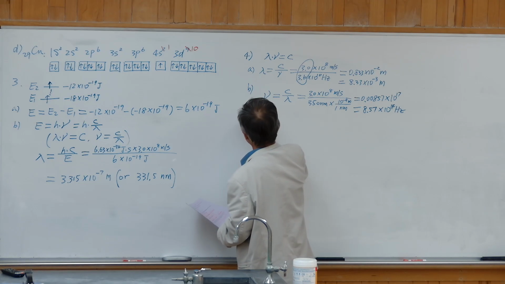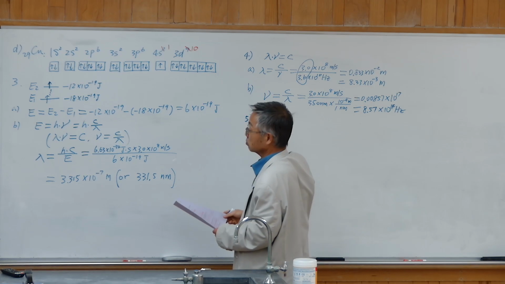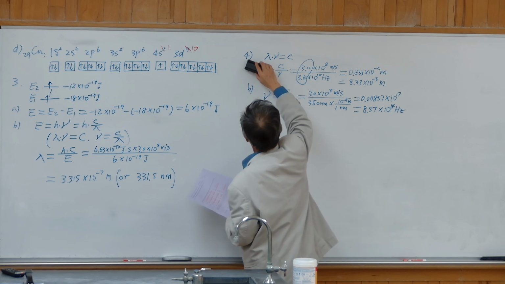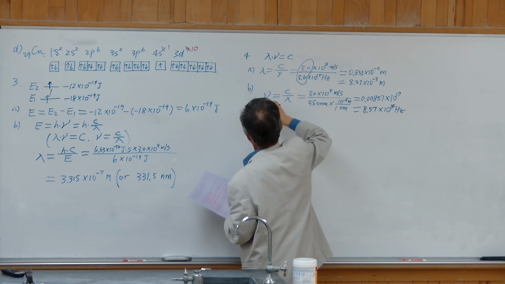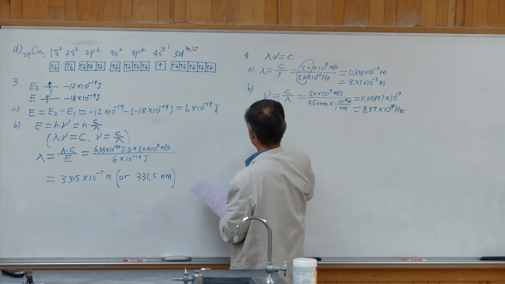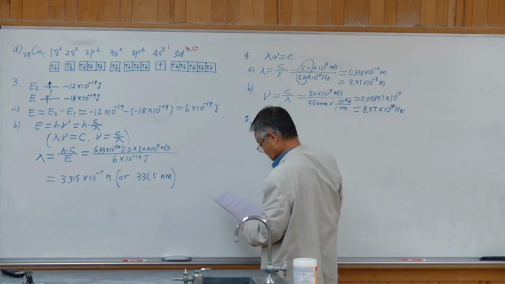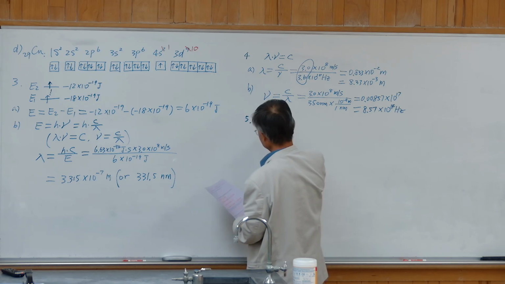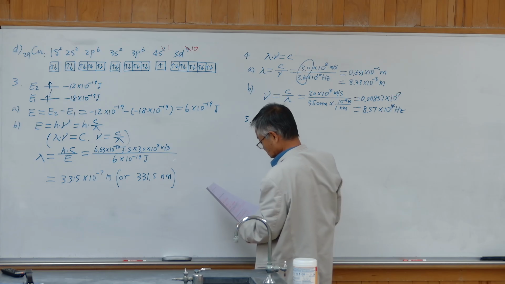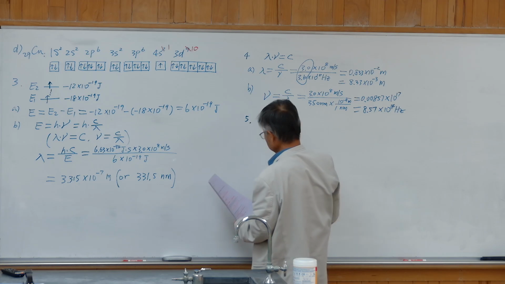Last question, question 5. Actually, this question number we don't need. Last question 5. A asks you how many electrons can be placed in the 4d subshell.